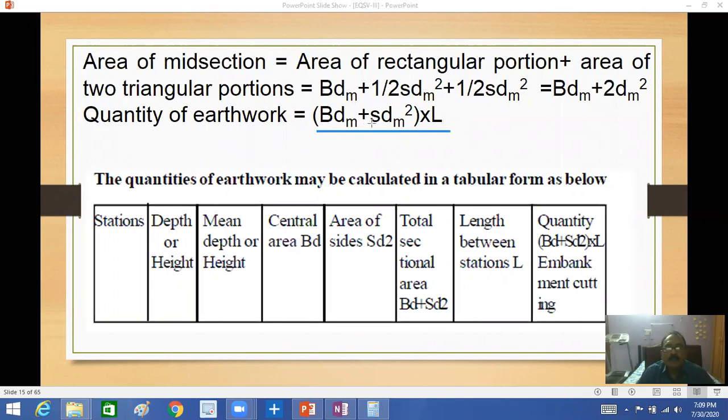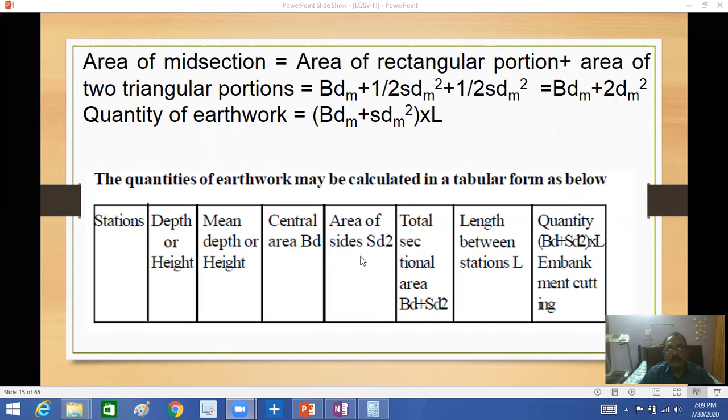BDm plus SDm square. Okay. So to calculate quantity of volume, Dm equals D1 and D2 average. Here into L you will get quantity. So this is the table you are having, where these stations, 1, 2, 3 stations, D1, D2 depth, D1 plus D2 by 2.